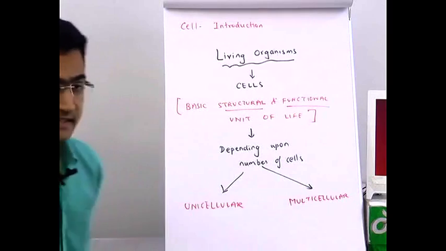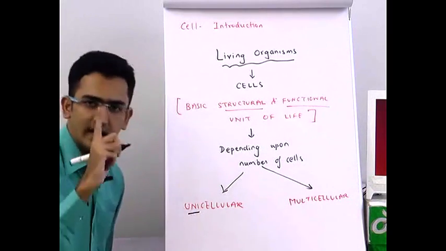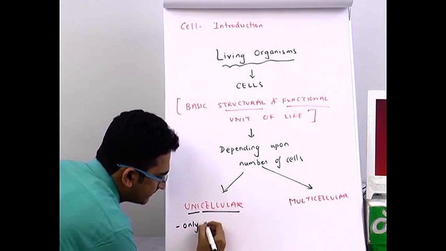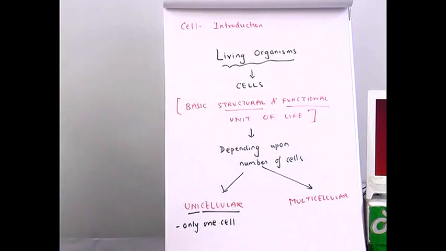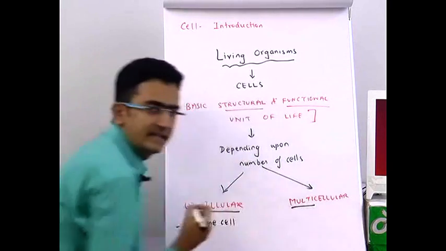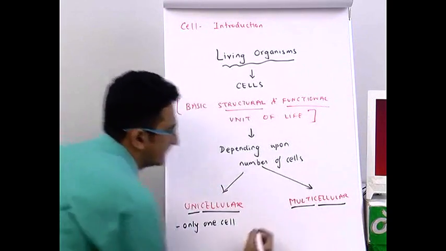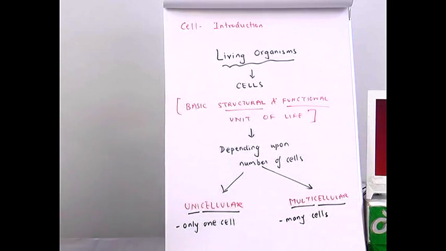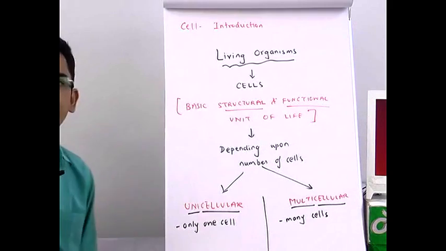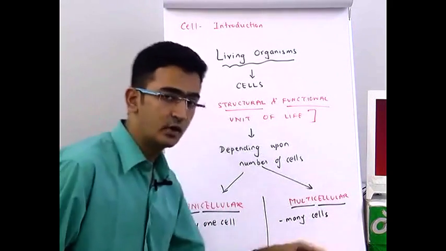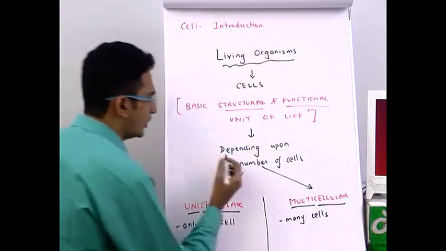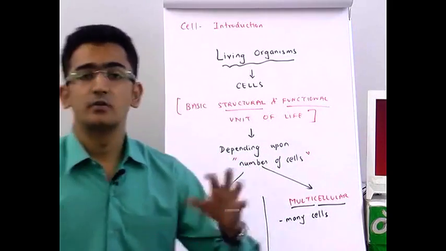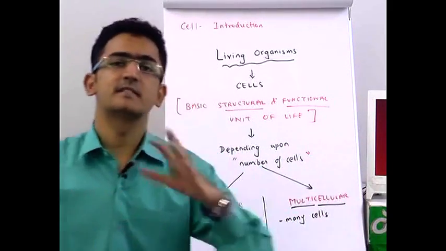Living organisms which are unicellular, as the word suggests, uni meaning one, cellular meaning cell. They are made up of only one cell. Multi meaning many, cellular meaning cell. They are made up of many cells. This is the classification of living organisms based on the number of cells. Okay, and this is how some cells are just single and some cells are present in groups.